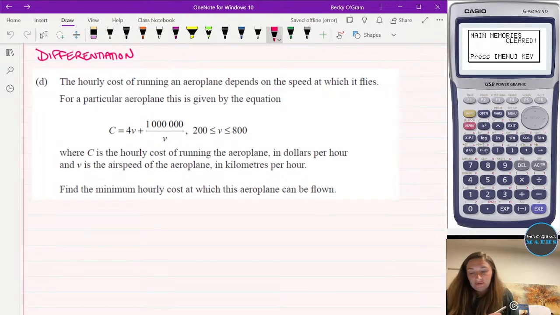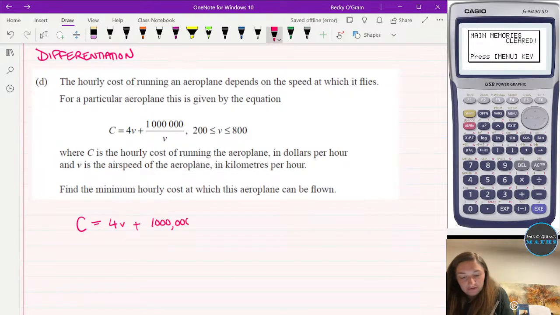Okay, so I'm going to rewrite the function here so it's all in powers. So that'll be to the power of -1. Then we will differentiate with respect to v. So dc by dv is 4.